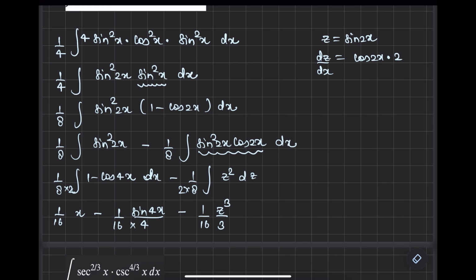Now you can replace your z with sine 2x, plus integration constant c. Okay, I hope the idea is clear and you guys can handle this situation as well.